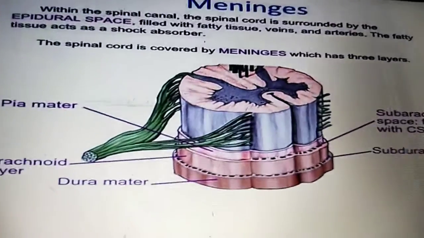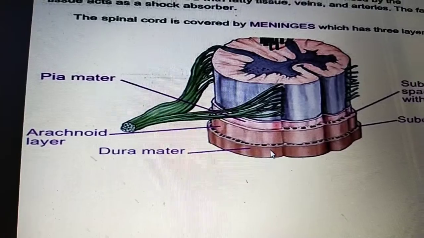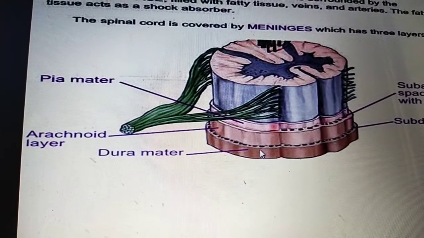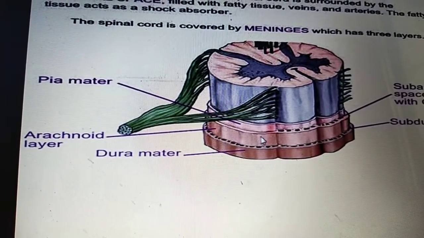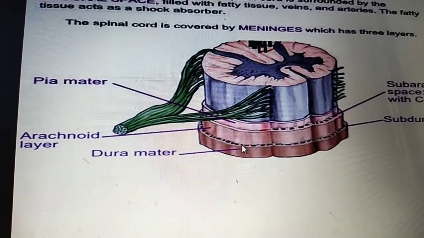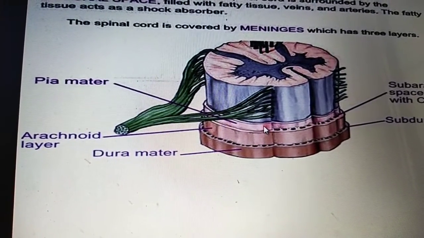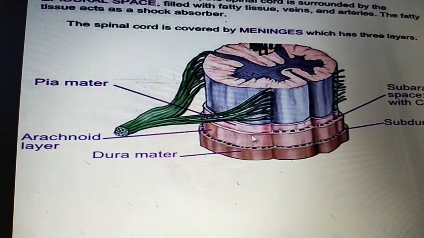In this picture you can see easily. This is the outermost layer, it is the dura mater. This is the middle layer, this is arachnoid mater. In between the arachnoid and dura, you can say, is a subdural space. And in between the arachnoid and pia mater, there is a space.